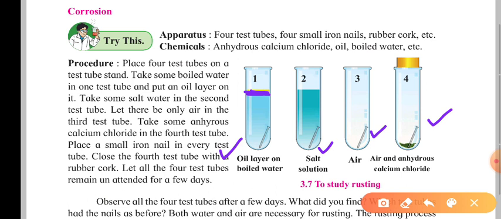Due to that, the iron kept in boiled water covered with oil does not undergo oxidation, or it is a very slow process.